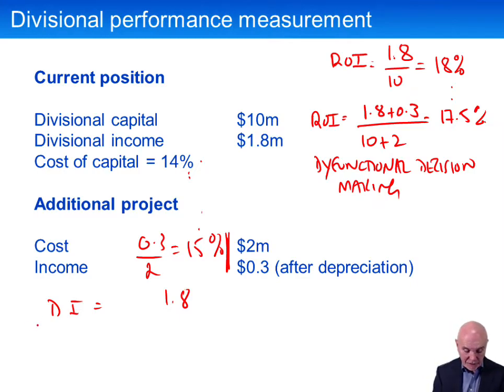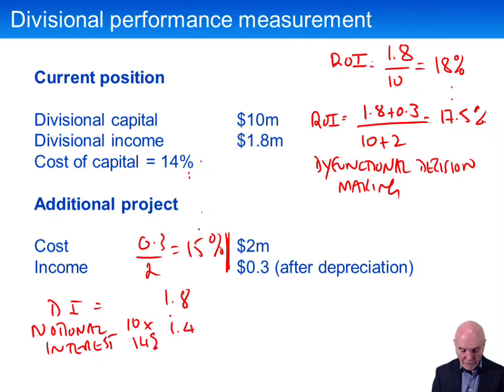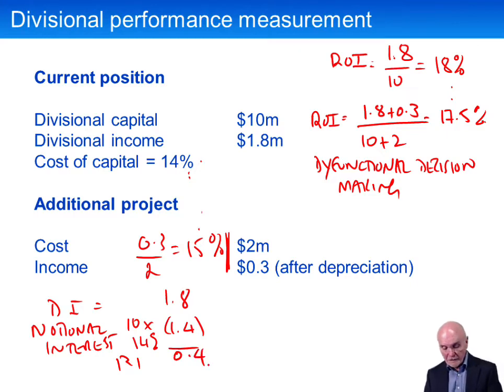So the notional interest charge, it's going to be 10 at 14%. So that's going to be 1.4 of that. So the residual income is going to be 0.4. So indeed this is a worthwhile division. It pays for its capital and it still makes another 0.4.